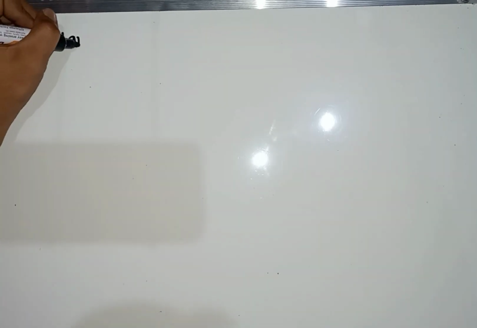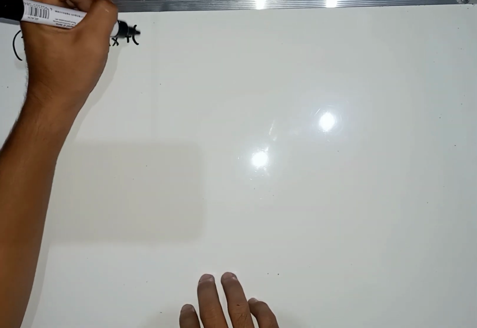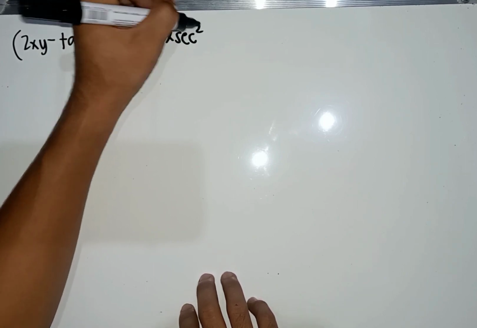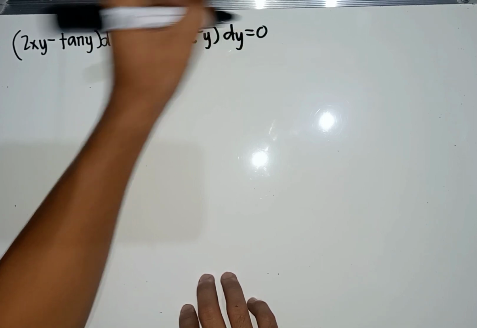Now for our second example for exact differential equations, we have (2xy minus tangent of y) dx plus (x squared minus x secant squared y) dy is equal to 0.